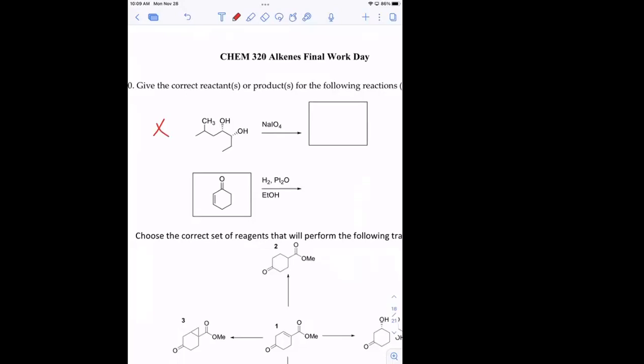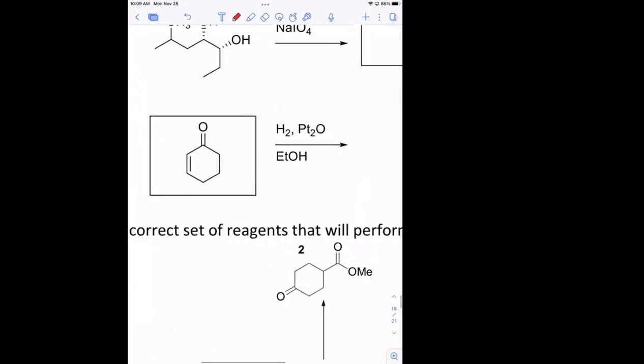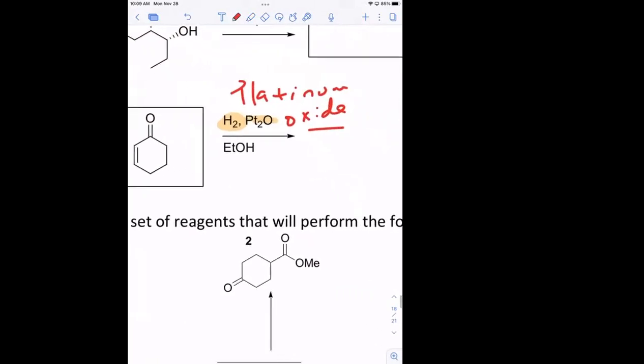So let's look at the next reaction right here. We have hydrogen gas, H2, in the presence of platinum oxide. Platinum oxide is the catalyst for these types of reactions.